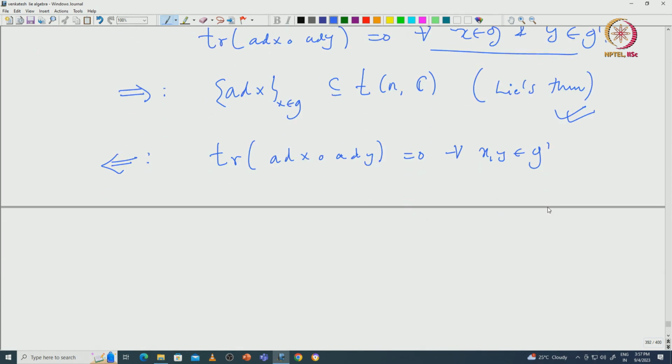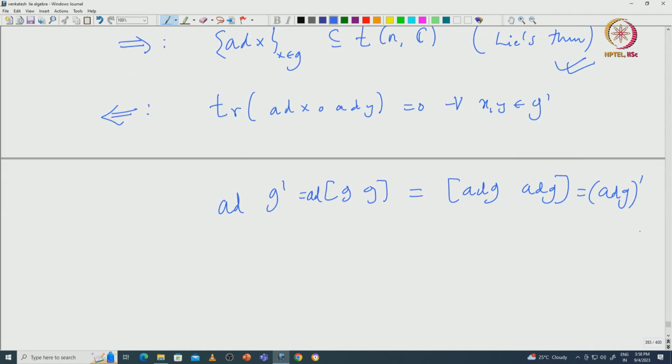Now, G dash is nothing but the bracket [G, G]. If you take ad of G dash, that is ad [G, G], which is nothing but the bracket [ad G, ad G], which is the bracket of ad G dash with ad G dash.